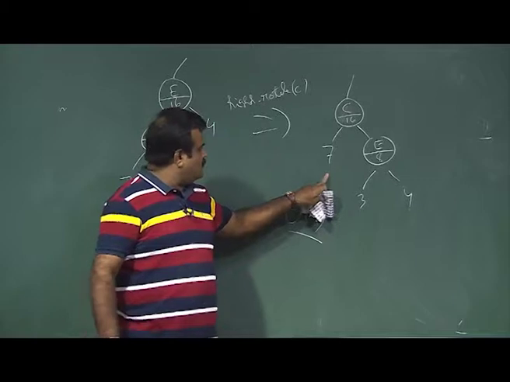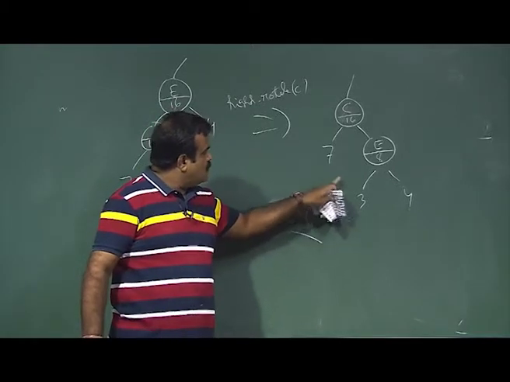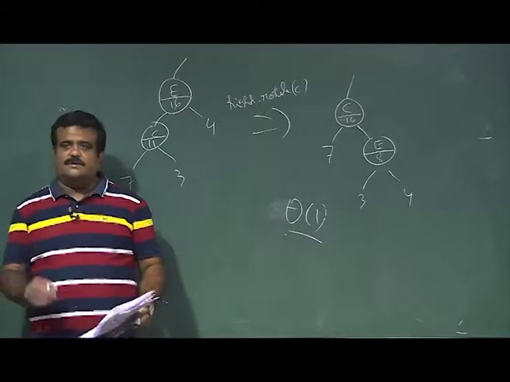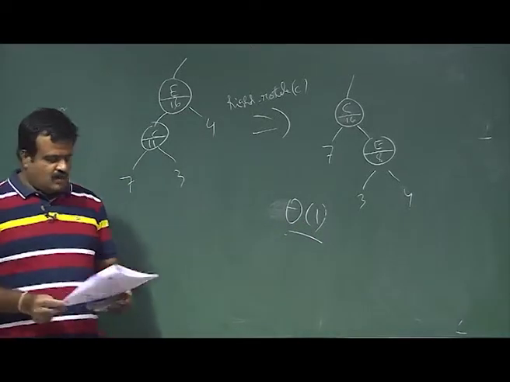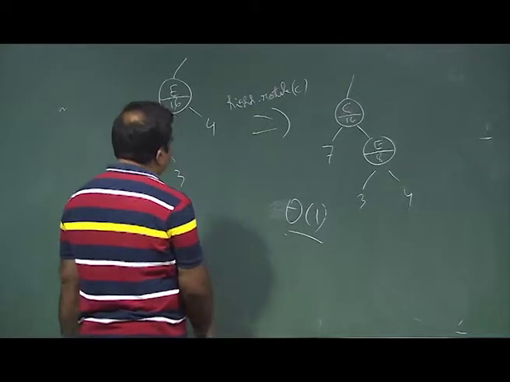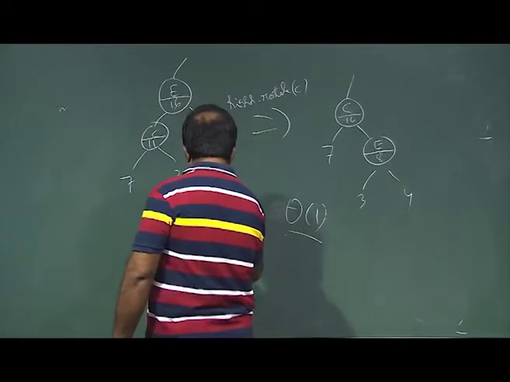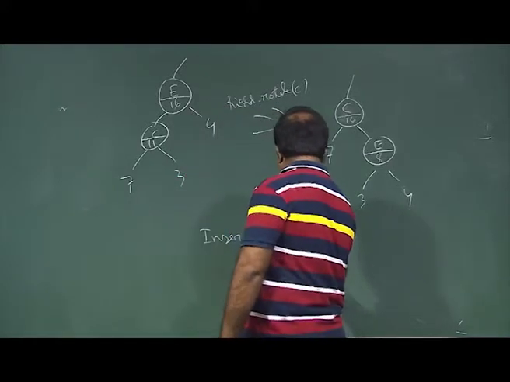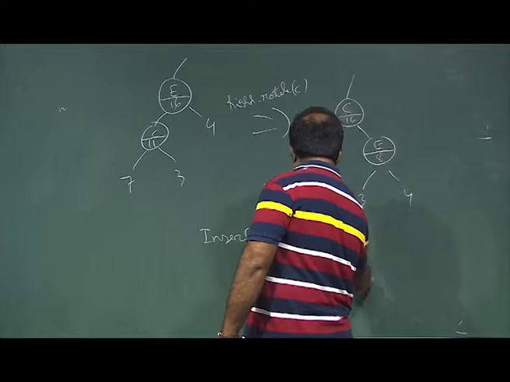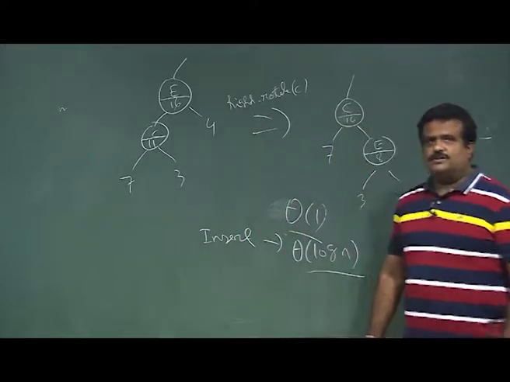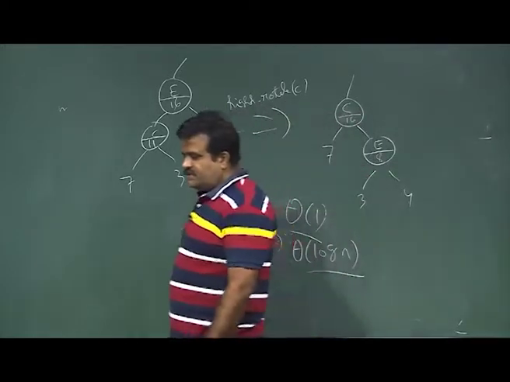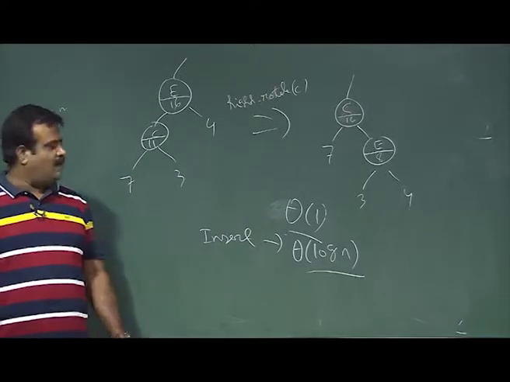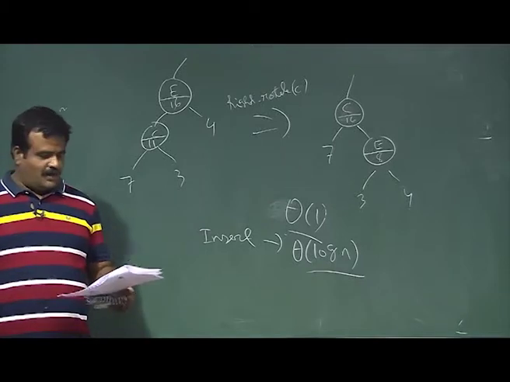We are just changing these bits, so these bits can be maintained in constant time. If this is maintained in constant time, then insertion or deletion can be done in logarithmic time. So, this is most important. This dynamic set, we can preserve, this red black tree, in logarithmic time. That is important.